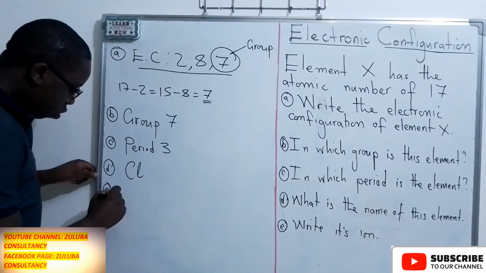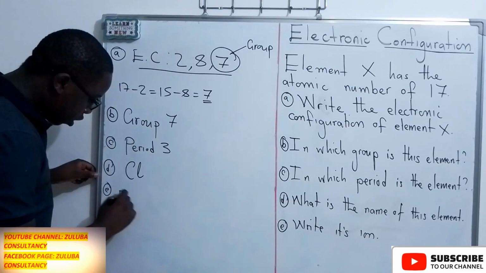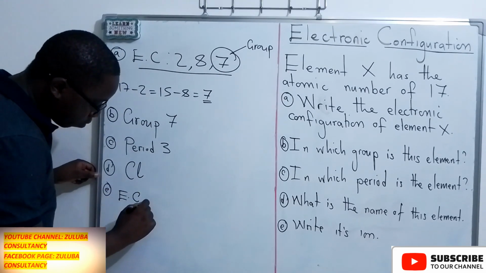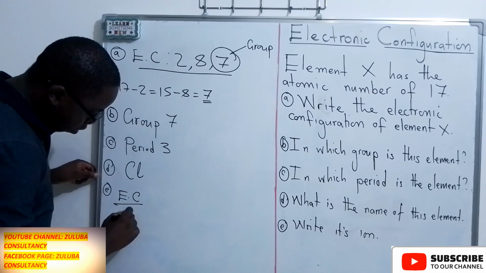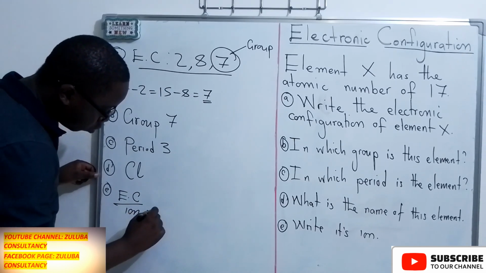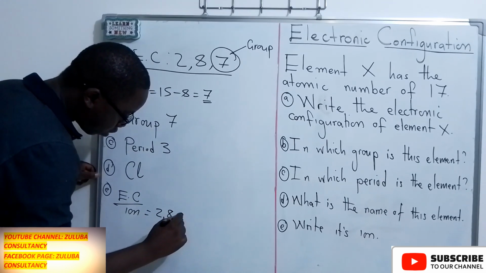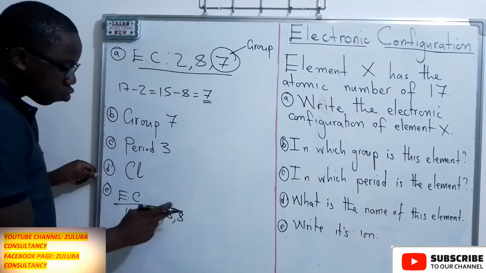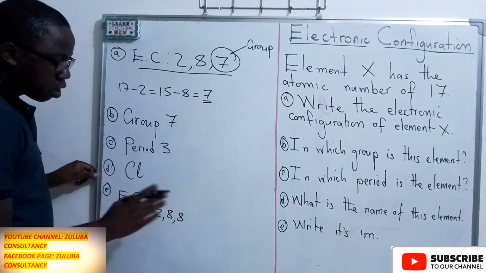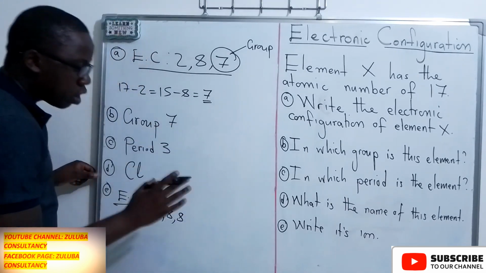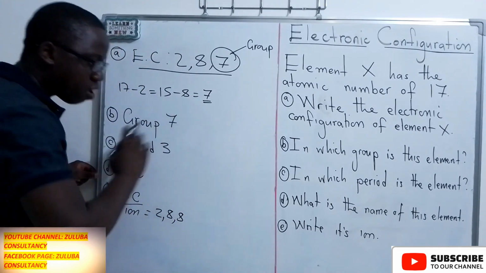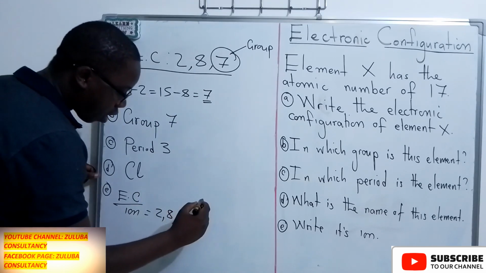So in terms of the electronic configuration for the ion, it will be 2,8,8. So it has gained 1 electron. Now the question is, we need to write the ion. How will this ion be?